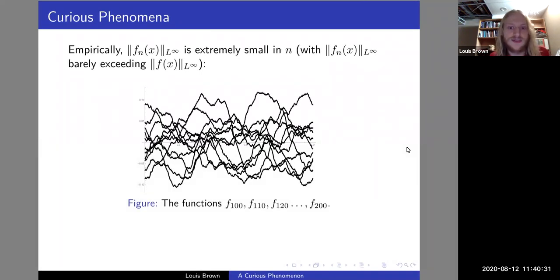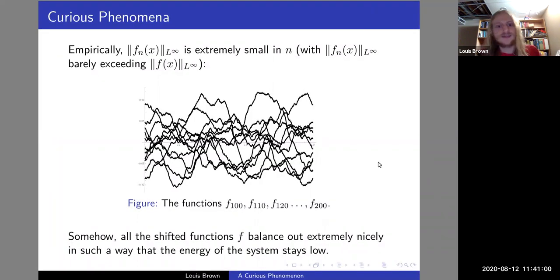So here's a picture of the functions f100, f110 through f200, and we see that there's no obvious discernible pattern in what these functions are doing, but that they all stay sort of small, that even though we're adding up 200 different shifted functions, they're canceling in some really nice way, that the maximum and minimum values are not much more than the original function. So somehow these shifted functions are balancing out very nicely in a way that cancels and keeps the energy of the system low.